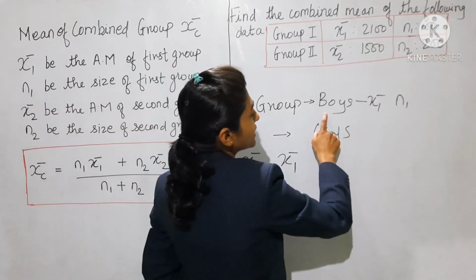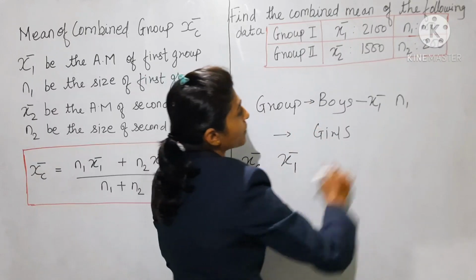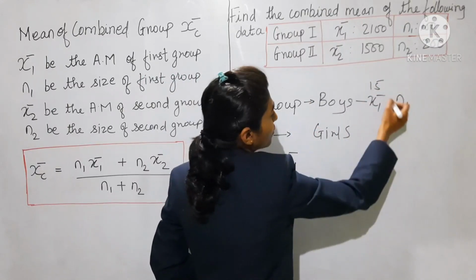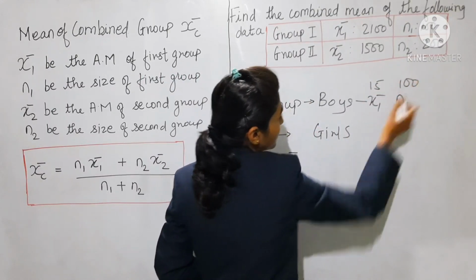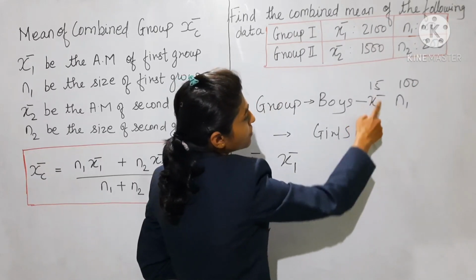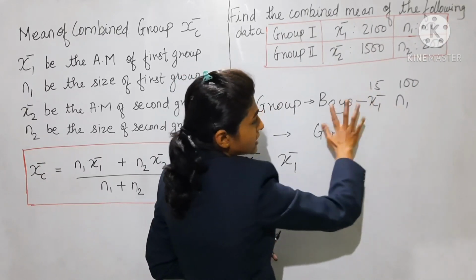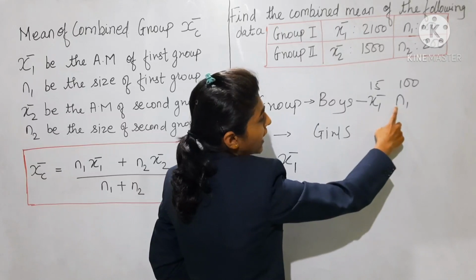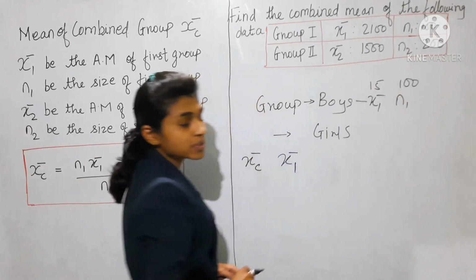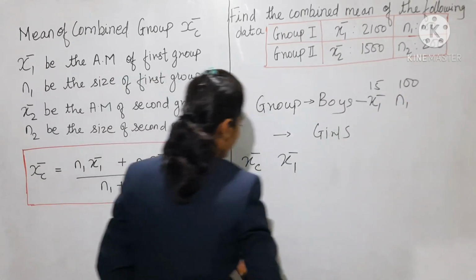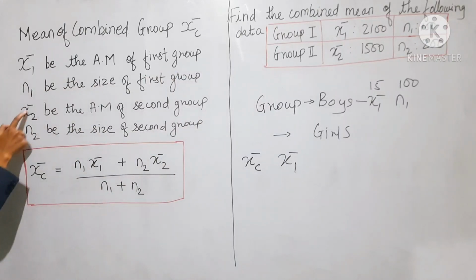Suppose the arithmetic mean of boys is 15. So x bar 1 is 15, and n1 is 100 boys, the number of observations. This is just an example. Clear?